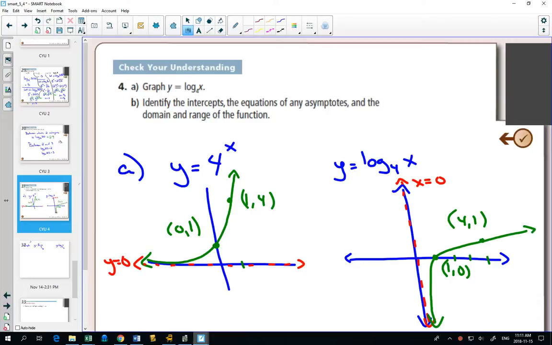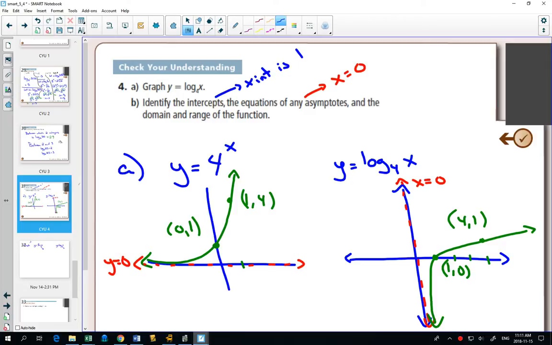So the intercepts of y equals log base 4 of x, well, we only have an x-intercept, which is at 1. There is no y-intercept because we have an asymptote at x equals 0. Is there an asymptote? Yes. The asymptote is at x equals 0.